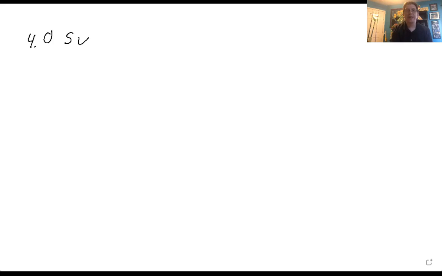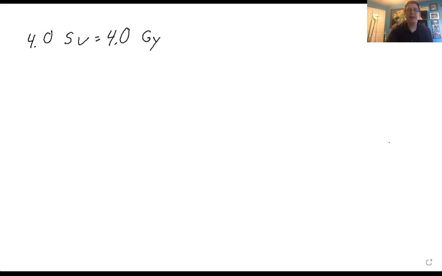And so how many grays is that for sieverts? So like with gamma rays, again, sieverts and grays are equivalent to each other if the quality factor is 1. And so for gamma rays, it is 1. So the answer to this would be 4.0 sieverts is equal to 4.0 grays.